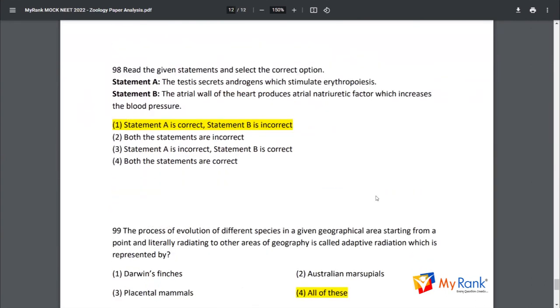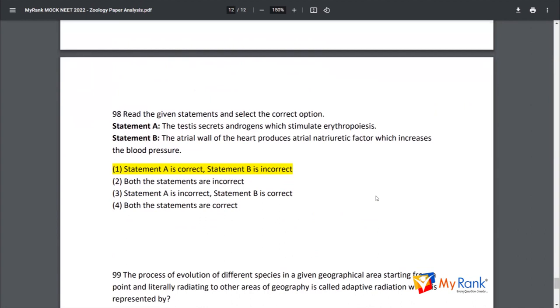Next comes question number 98. Read the given statements and select the correct option. Statement A, the testes secrete androgens which stimulate erythropoiesis. It is a correct statement. Androgens from the testes stimulate erythropoiesis. It is true. Statement B, the atrial wall of the heart produces atrial natriuretic factor, ANF, which increases the blood pressure.